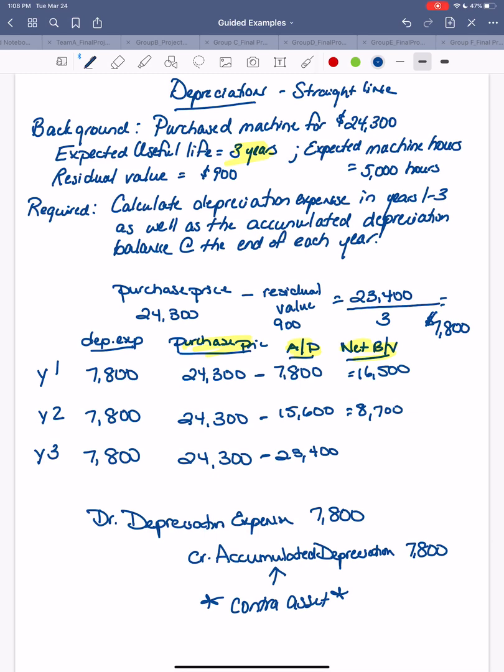And then in the third year, my net book value is $900, which is the $24,300 minus $23,400. So notice, this is really important, my ending net book value is equal to that residual value. That's the whole goal. That's what we're trying to get it down to, because the residual value is what I think it's worth at the time that I'm done with it.